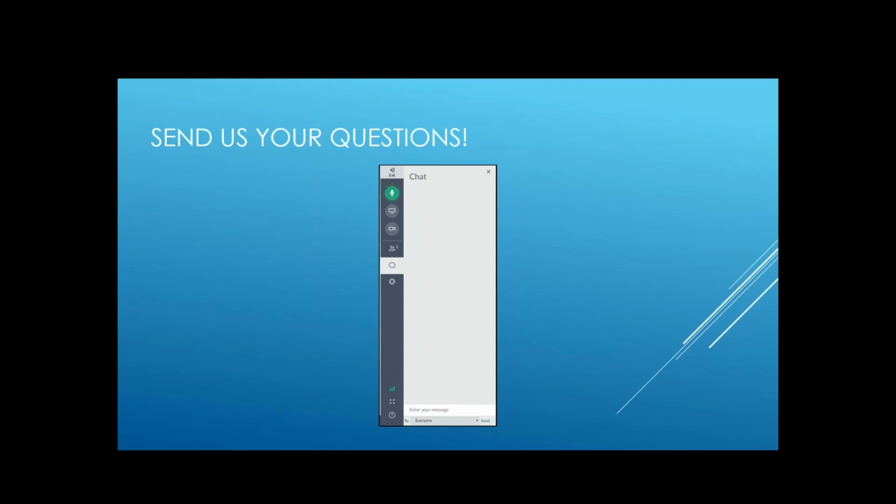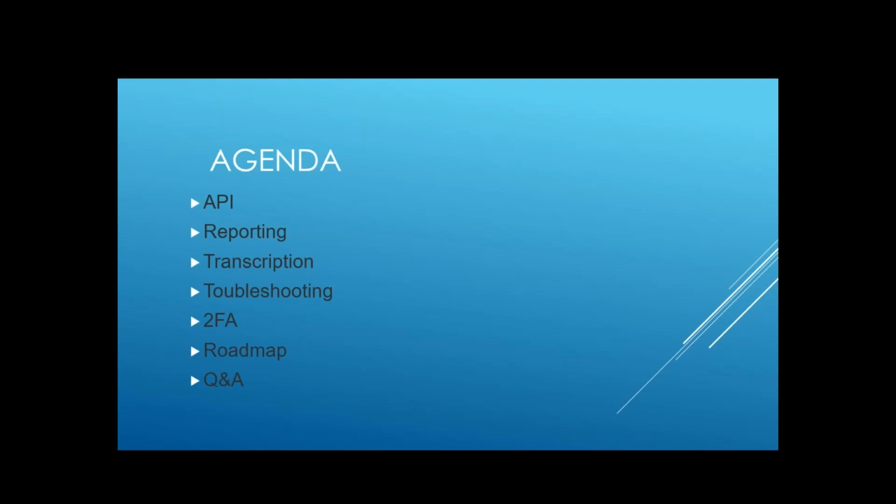So, in terms of the agenda today, we're going to look at the API. There are some improvements and new APIs coming, and some are already implemented. We're going to look at improvements to reporting and improvements to the transcription. A big part of this update is the troubleshooting side. There are really cool features on the troubleshooting that make things a lot easier to support, so we're going to take a look at those.